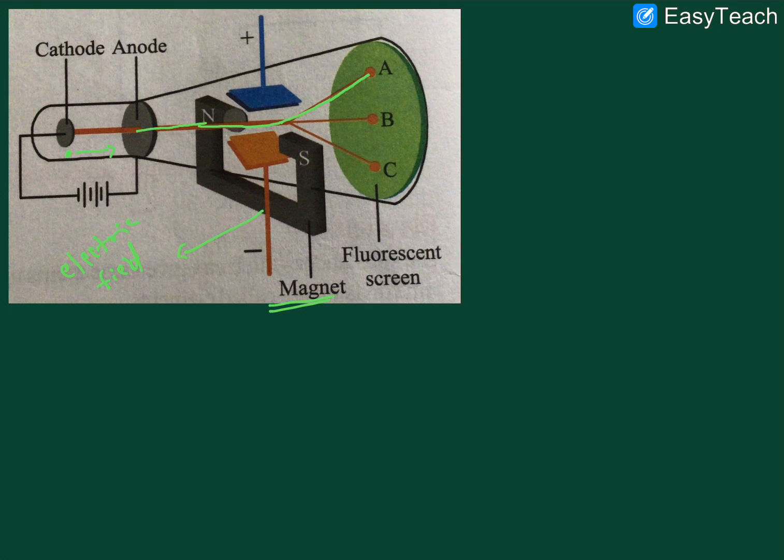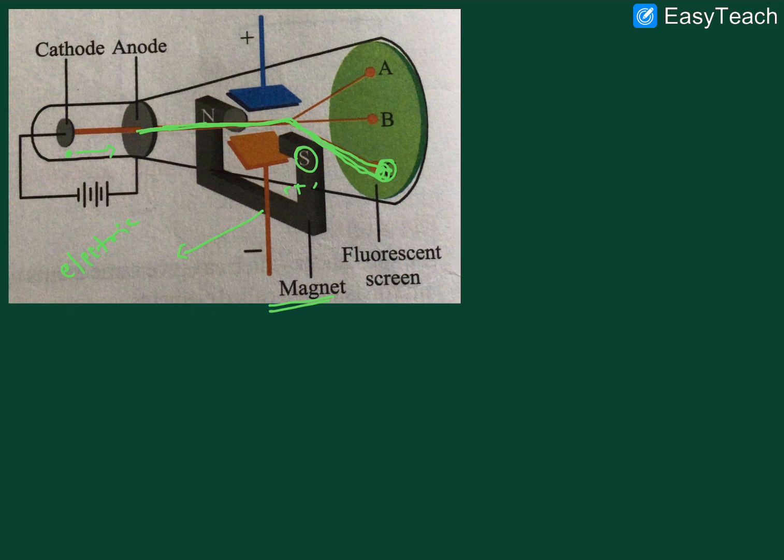And next, whenever we apply the magnetic field, the rays are shifted towards the south pole side. So this side they are shifting; the rays travel and are deflected to the south pole side.